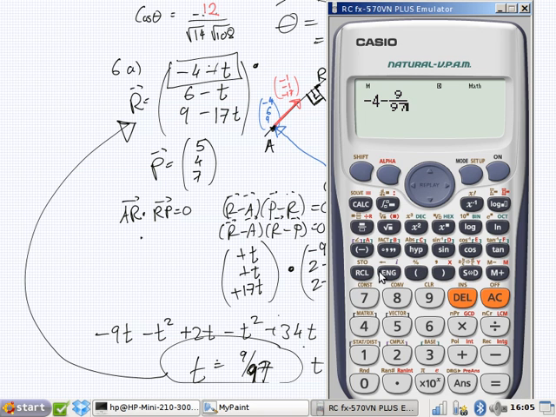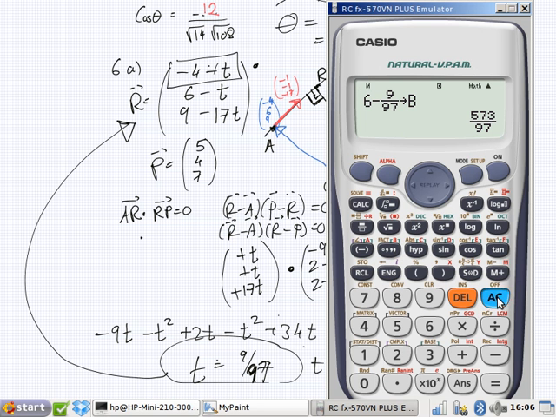But I forget how to do it. I think this button here is store, S-T-O. So if I type shift, store. Yeah, so I've just put that number into A. Did you all see that? Watch again. 6 minus 9 over 97. Shift, store, and then just press B. Now I've put it into B.